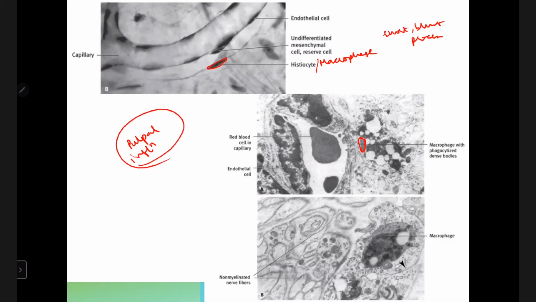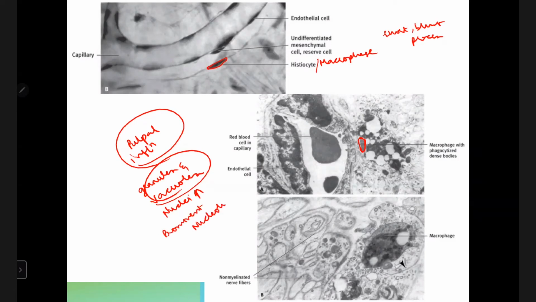these histiocytes or macrophages exhibit a lot of granules and vacuoles in the cytoplasm. Their nuclei also increase in size. Remember this. And they have a prominent nucleolus.